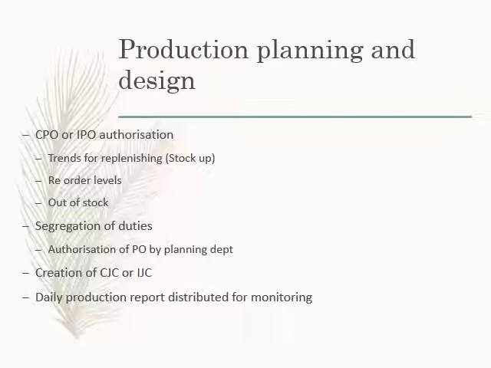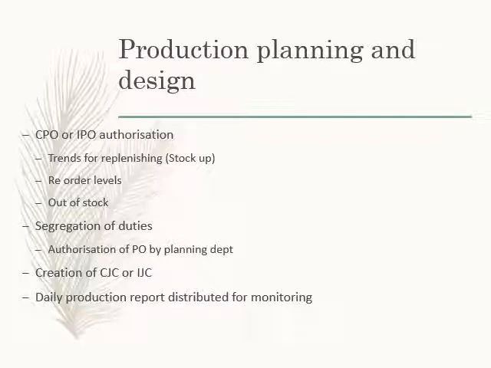To ensure the appropriate segregation of duties, these production orders, the CPO or the IPO, have to be formally authorized by the production planning department before they can be accepted by the production processing department or a factory manager, who then has to sign the document as evidence that the CPO or the IPO has been formally authorized.